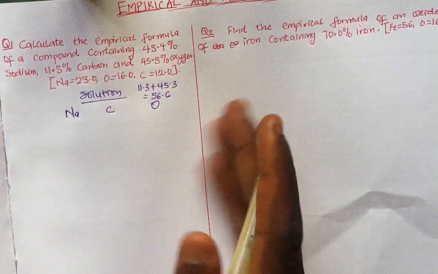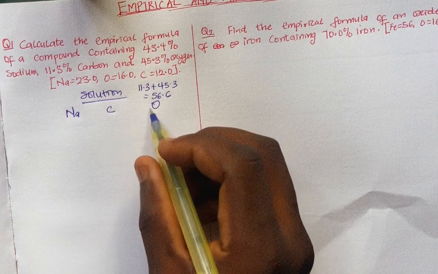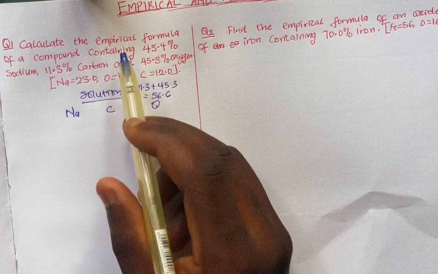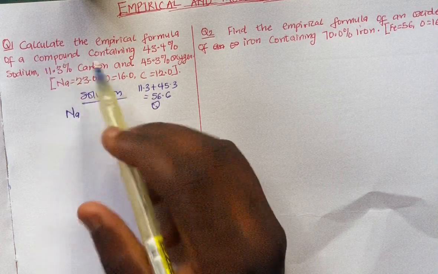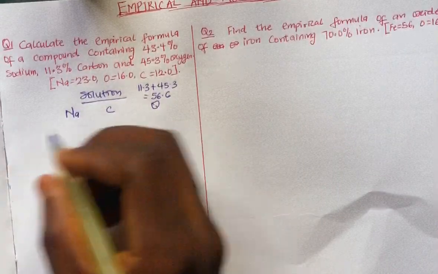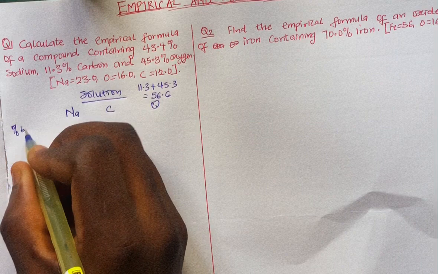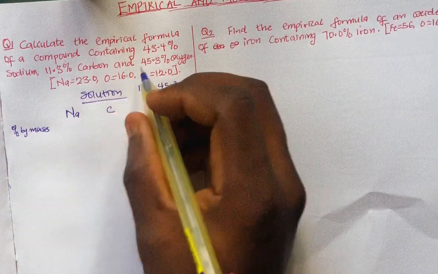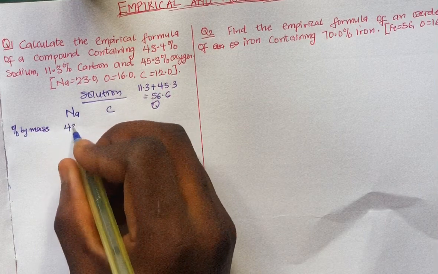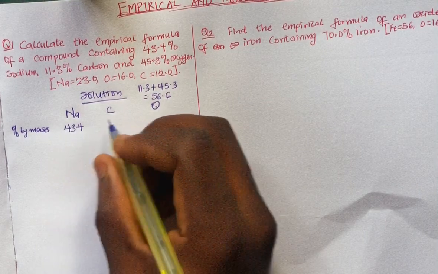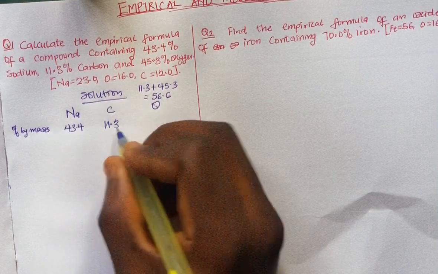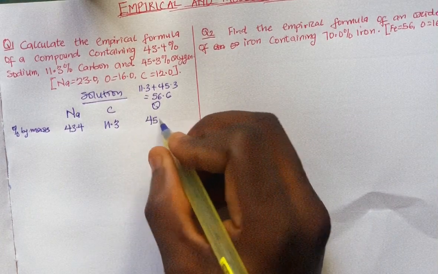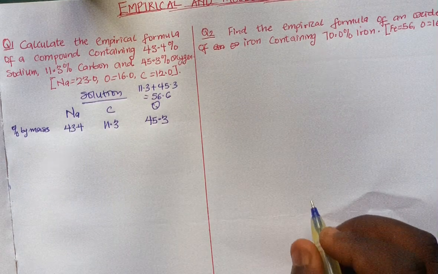So at first, these are the elements contained inside the compound, because we have to calculate the empirical formula now. But we need to write the percentage by mass out. So writing that out, our sodium is 43.4%, our carbon is 11.3%, and oxygen is 45.3%.